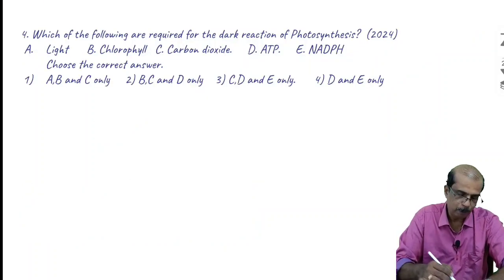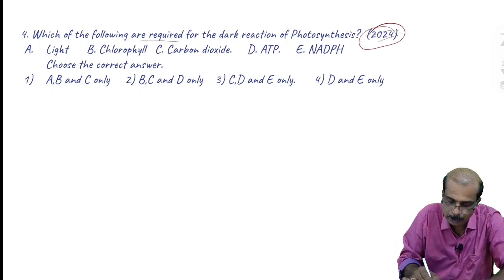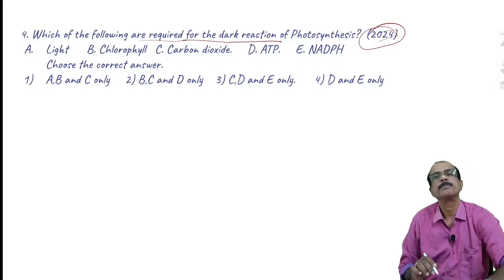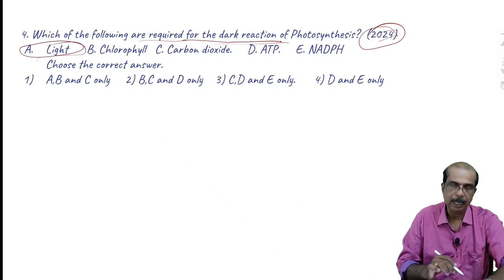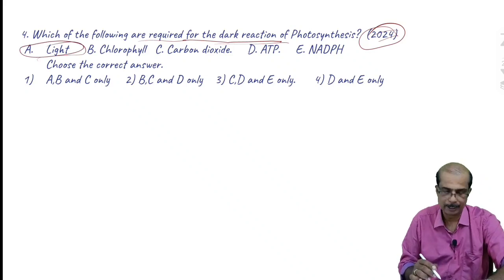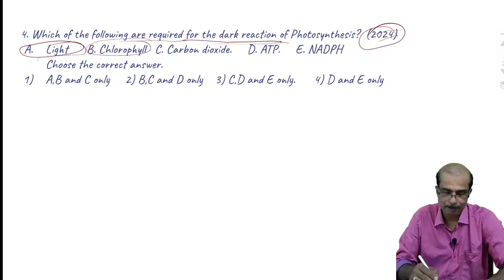What about the fourth question? It is also asked in 2024. Which of the following are required for the dark reaction? Here the question is about the requirements of dark reaction. First option, light. Light is not needed for dark reaction. Chlorophyll. If there is no light, no pigment is needed.